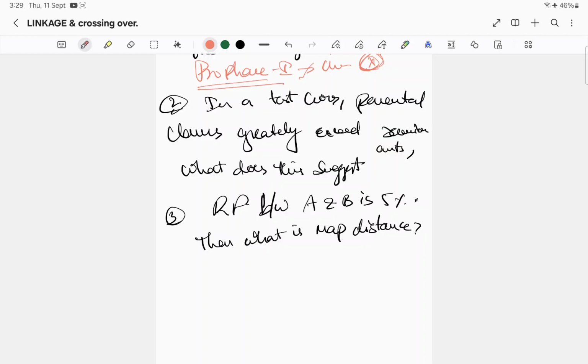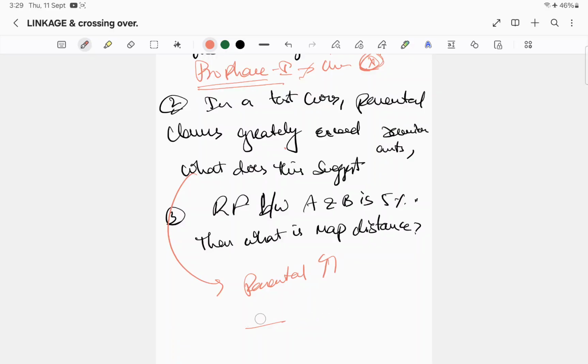In a test cross, second question, parental classes greatly exceed recombinants. If the parental is more than the recombinants, what does this suggest? Parental is more than the recombination, which means linkage is there.